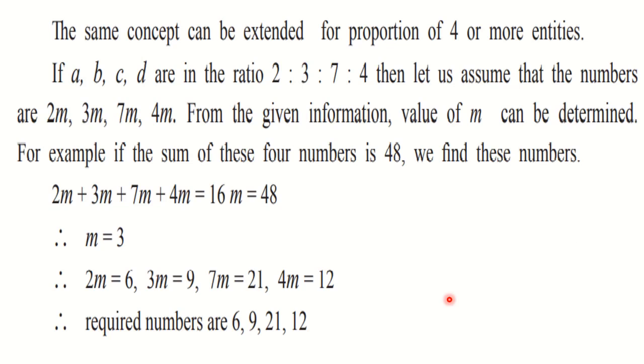But here the word used is proportion. So instead of writing ratio, we use the word proportion. That means the concept can be extended for more entities, like n numbers. So you have to keep in mind that ratio is not limited to only two numbers. We can extend it.